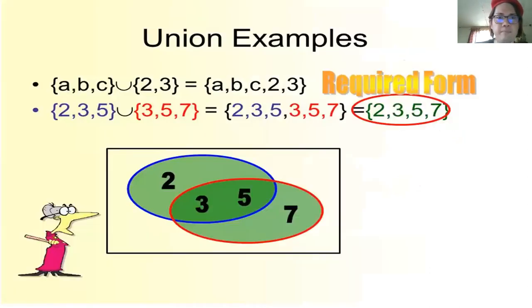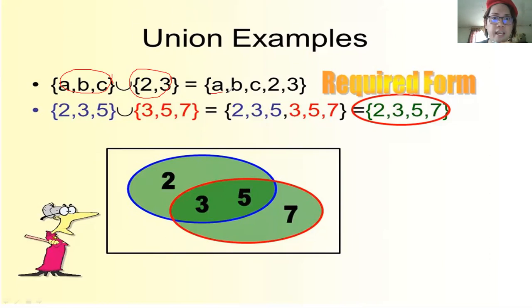Another example for union of sets. A set containing the elements A, B, C, union a set containing the elements 2 and 3. So just list all since there are no repeated elements between the two sets given.